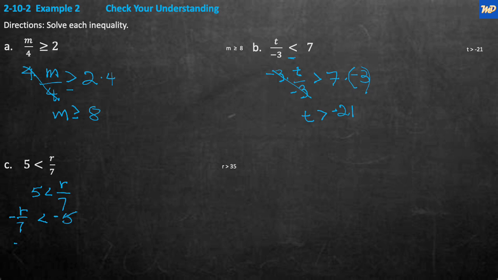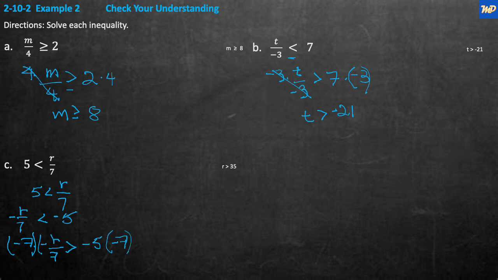So we're going to multiply negative 7, in parentheses, times negative r divided by 7. And since I'm multiplying both sides by this negative, I'm going to change the sign. I'm changing the sign. And I'm going to say negative 5 times negative 7.